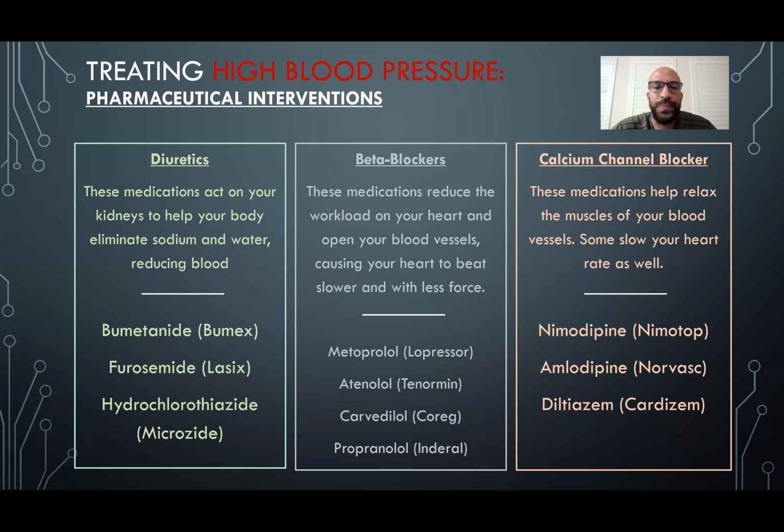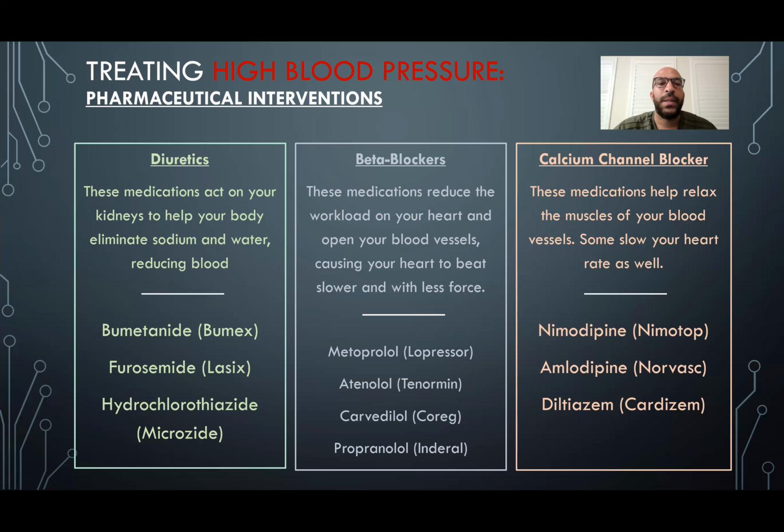Okay? So, some examples of diuretics that are commonly used that you may have seen, may have heard of, or may have given. These medications include bumetanide, which is more commonly known as Bumex, furosemide, which is more commonly known as Lasix, and hydrochlorothiazide, which is more commonly known as Microzide.